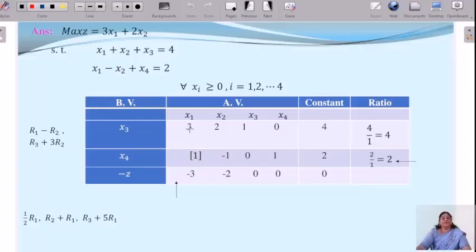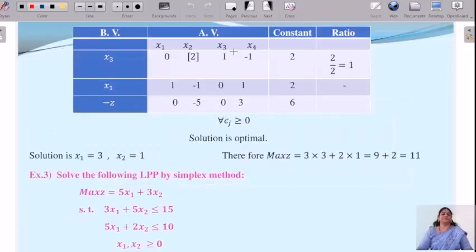Then make this element 0 and this is 0, using the transformation.